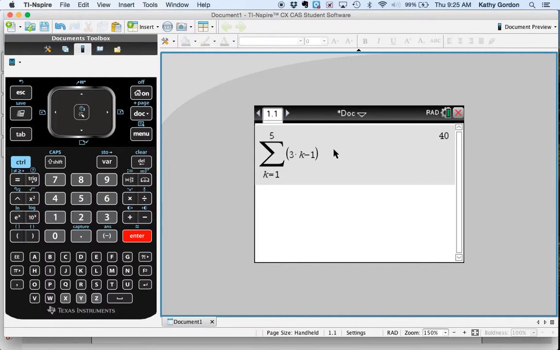So either individual terms or the formulas we're going to talk about, I want to see that work. I don't just want you to go, oh, equals 40, and not give me any indication of how you got that. Okay? Check it on your calculator, fine. But show me some work on how you got it, because those kinds of questions will most likely be on non-calculator sections of a quiz or test anyway. Okay?